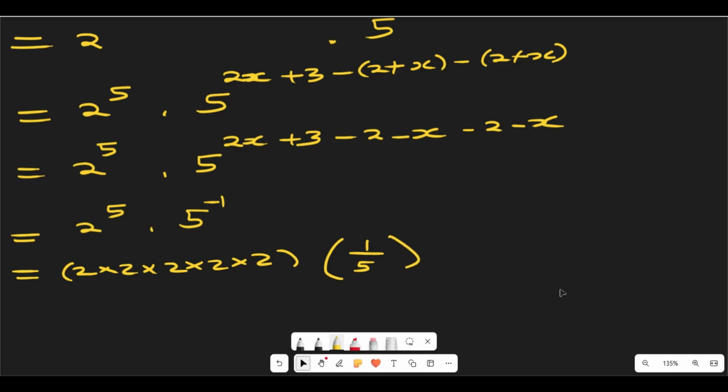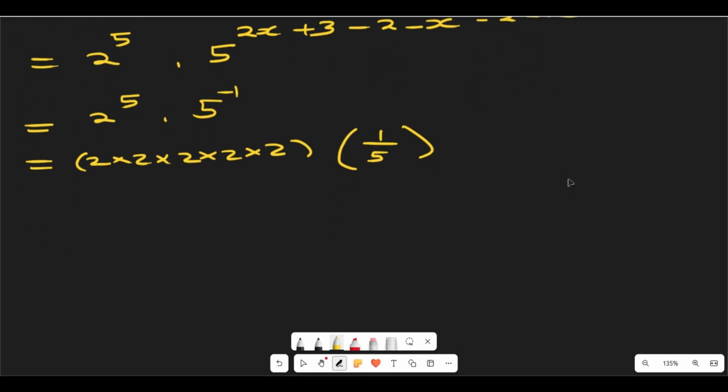To make the power positive, you just say 1 over 5. So now you have 32, which you multiply by 1 over 5, which is the same as 32 over 5.